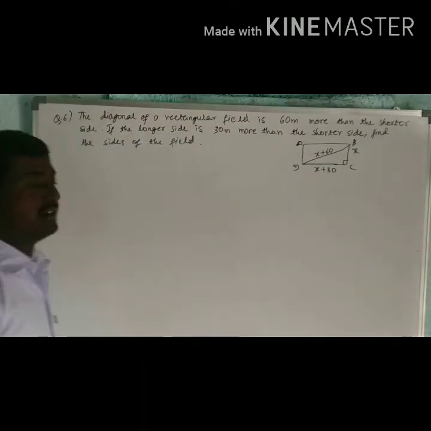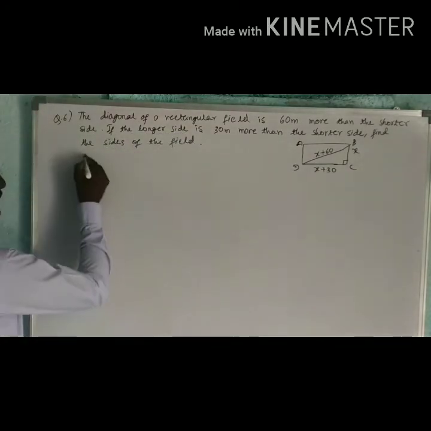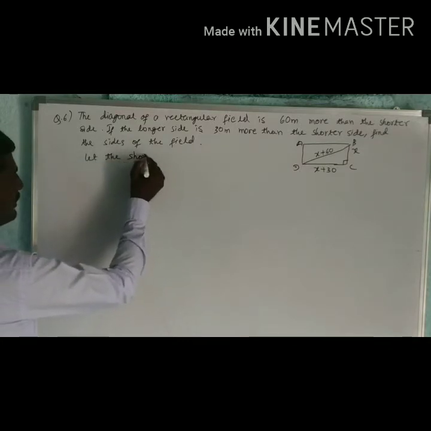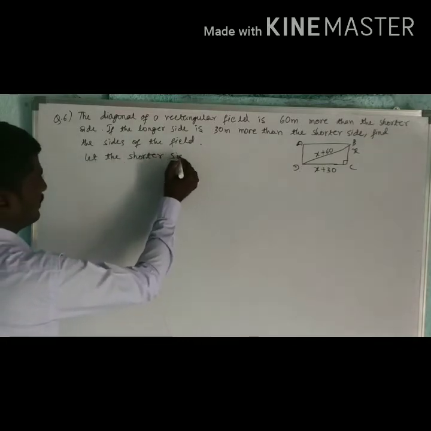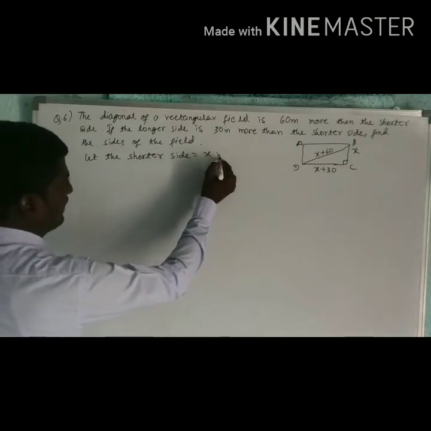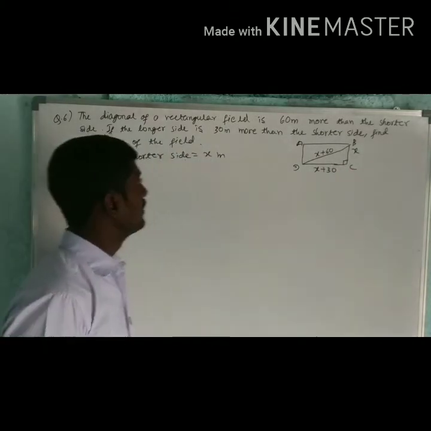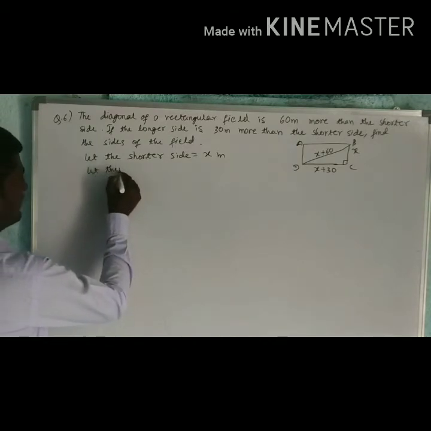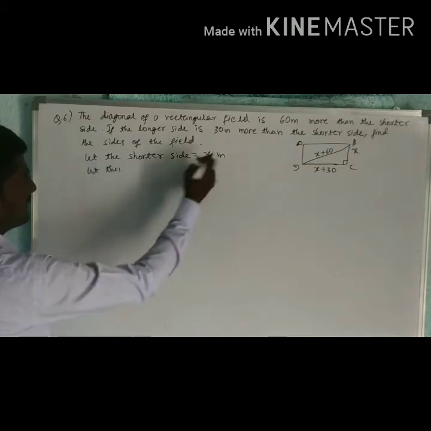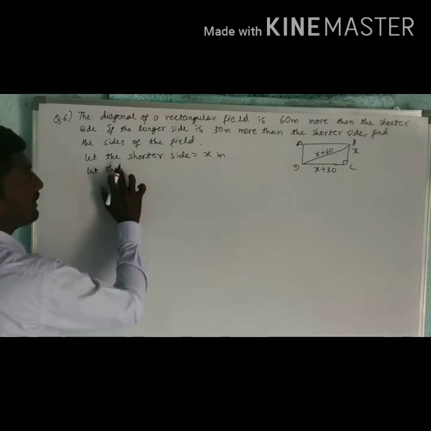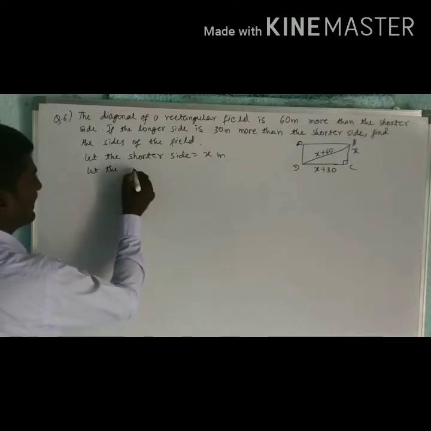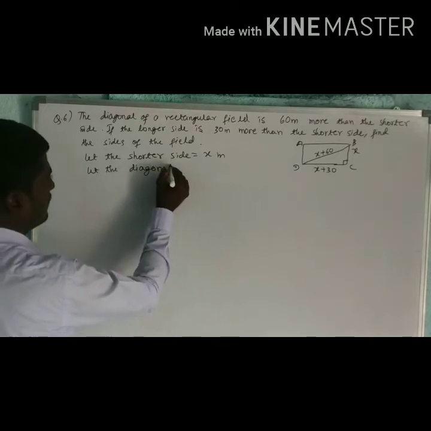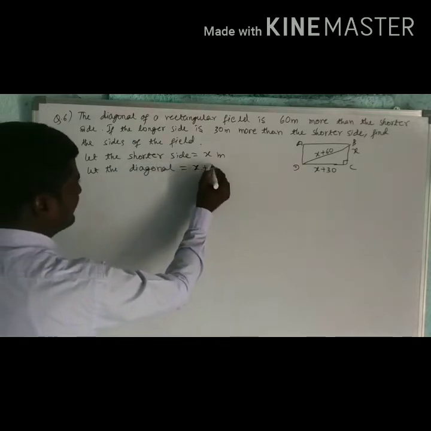Let us write. Let the shorter side be x meter. I have taken it as x. Let the diagonal be x plus 60 meter.